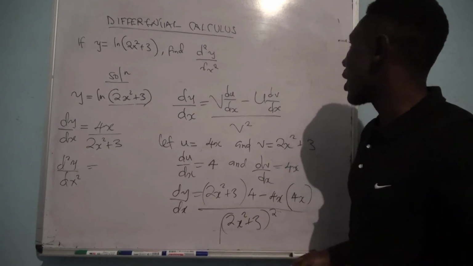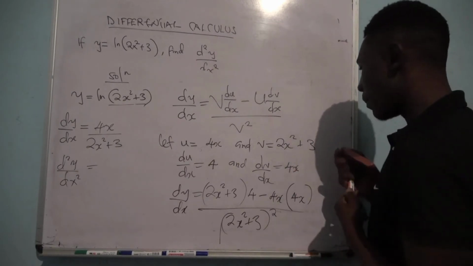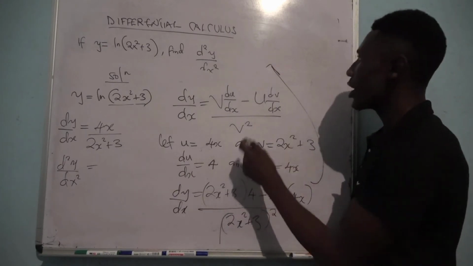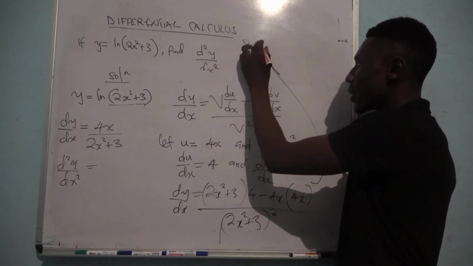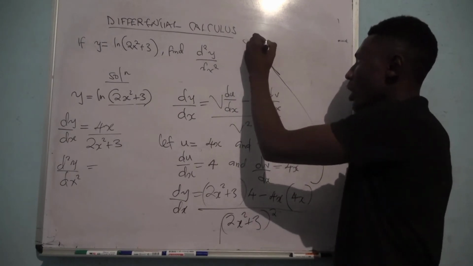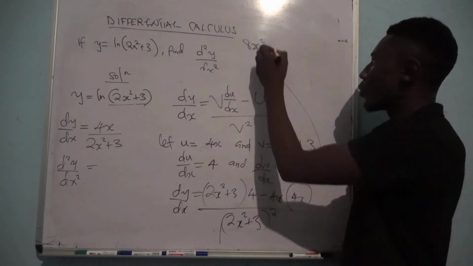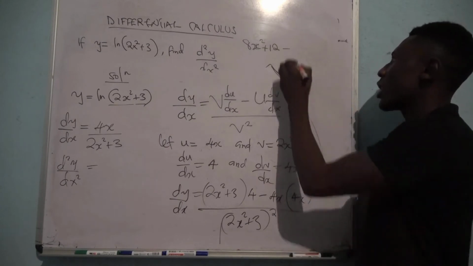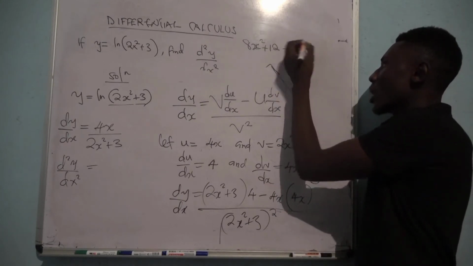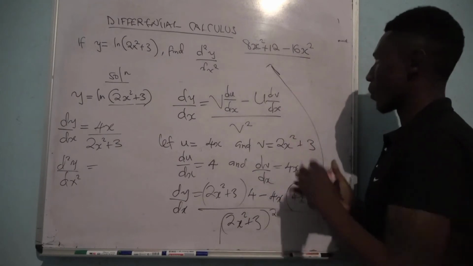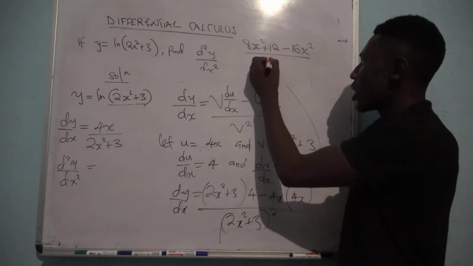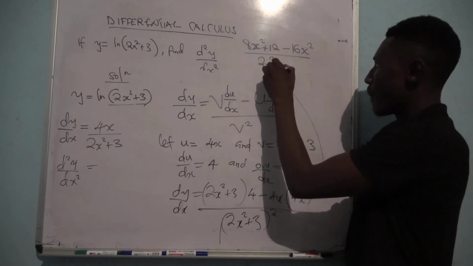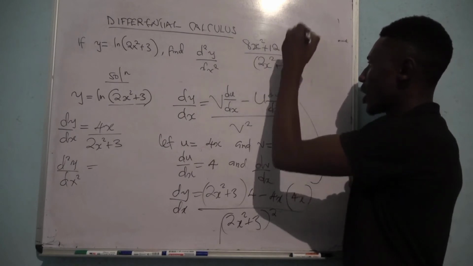Because of space, I'm going to take this information up there. So it will be 4 multiplied by 2x squared, I get 8x squared, plus 4 times 3, which is 12. Then minus 4x times 4x, I get 16x squared, divided by 2x squared plus 3, squared.